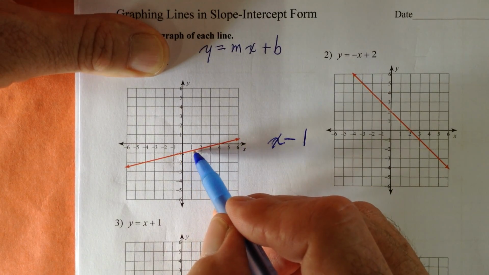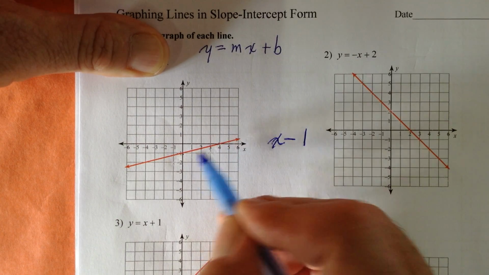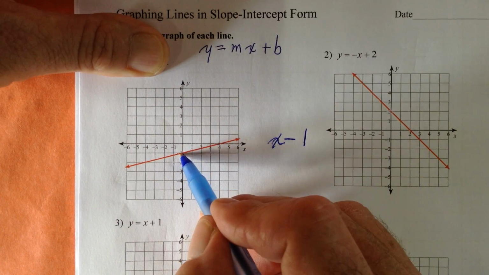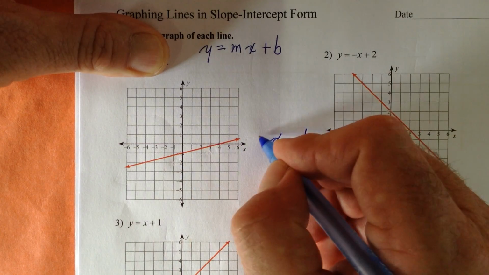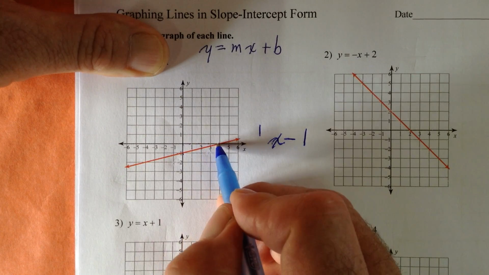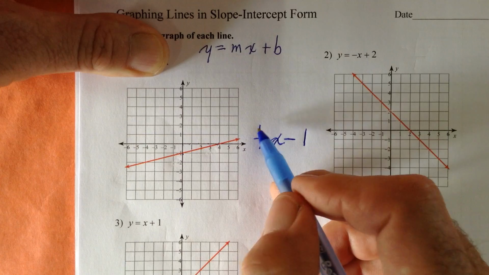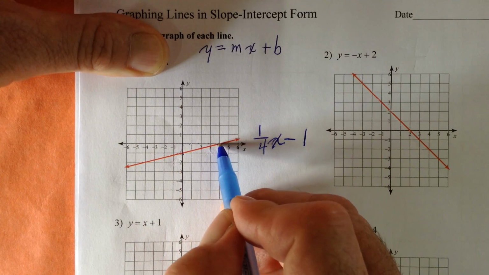I could see where the line gets crossed next is right here. So if I go up, now this is the y, if I go up 1, and then 1, 2, 3, 4 over for the x, well, there's my slope, 1 over 4.